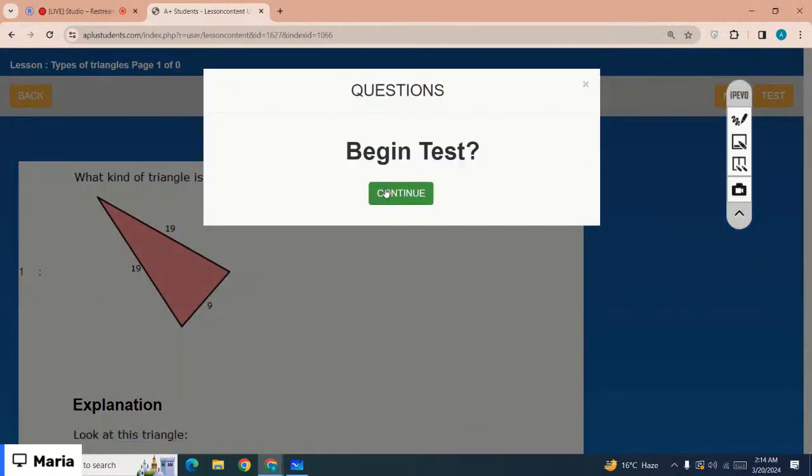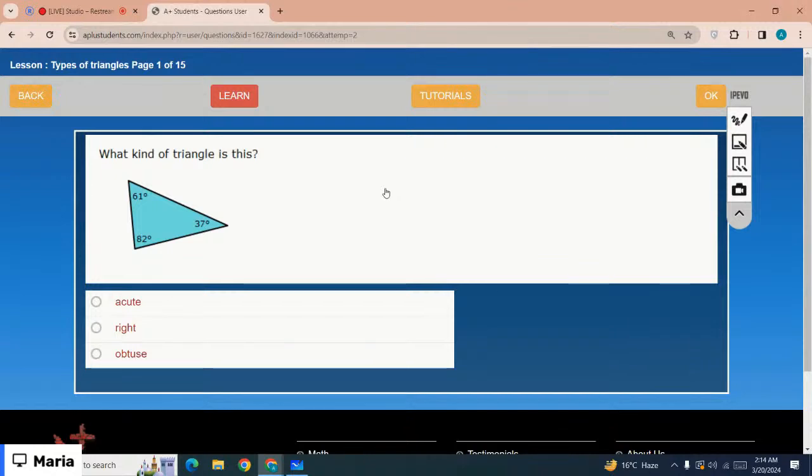Let's just start with the test questions. What kind of triangle is it? You are given the angles 61 degrees, 82 degrees, and 37 degrees. Which is the correct option?